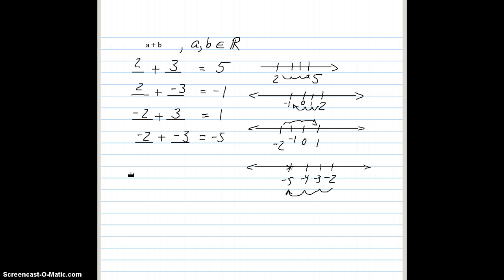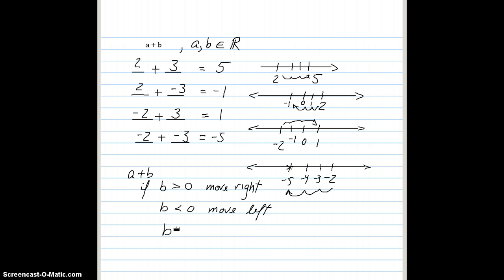So in a plus b, if b is positive, written b is greater than 0, then we move to the right. If b is less than 0, in other words b is negative, we move to the left.